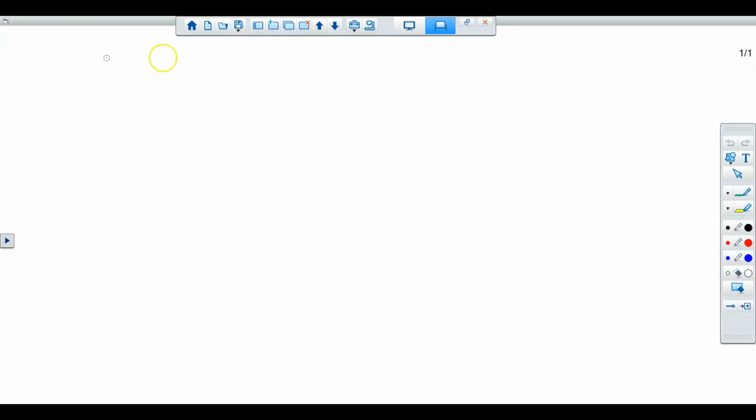All right, folks, we have moved on from solving equations to solving inequalities. And we talked last week about solving two-step inequalities. And today we are just going to dive into solving multi-step inequalities.